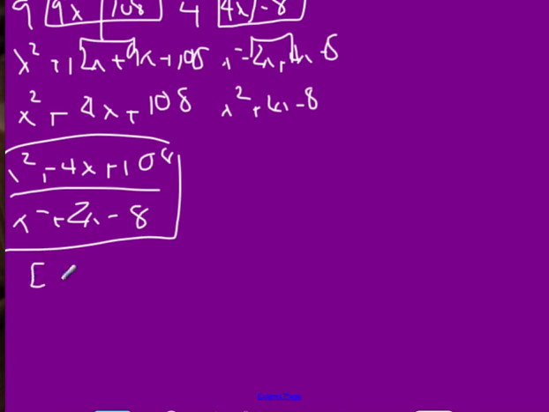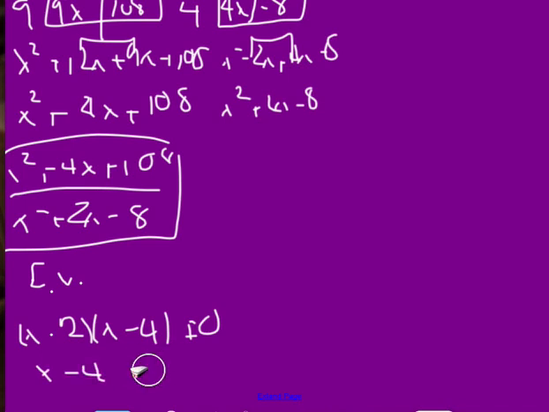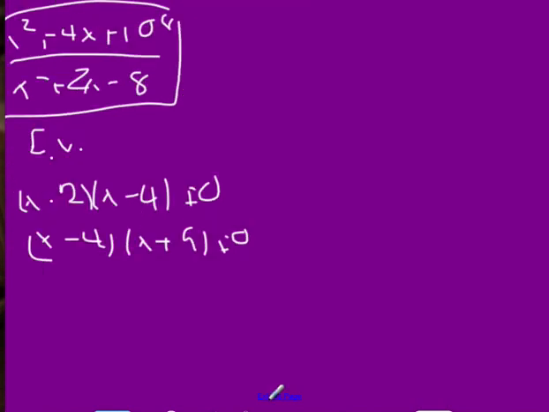For our excluded values, we know that x minus 2 cannot equal 0. X minus 4 times x plus 9 cannot equal 0, the bottom of our second fraction, and then the top of our second fraction. There we go.